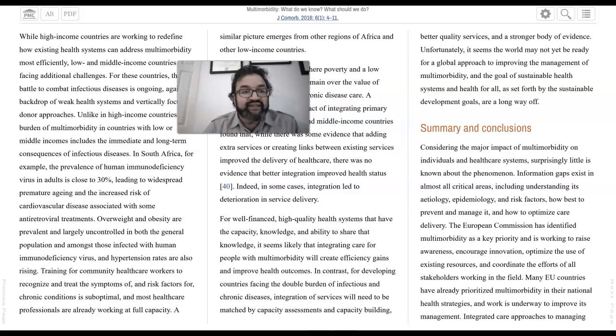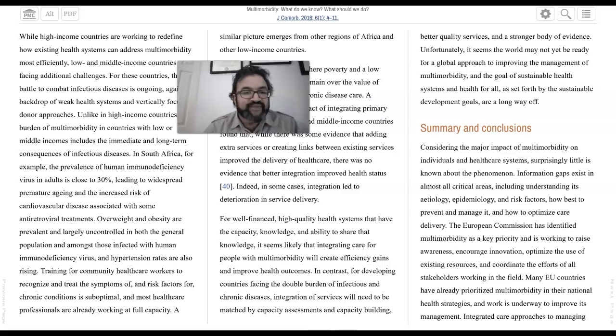For these countries, the battle to combat infectious diseases is ongoing against a backdrop of weak health systems and vertically focused donor approaches. So not only is there no alignment between what is needed and what is there, but also misalignment between what is needed and what is being produced by high-income countries. So the expectation is to promote these vertically focused donor approaches, while that's not what is needed.